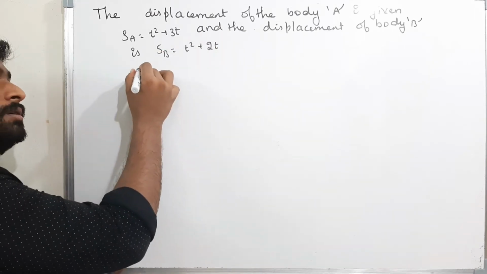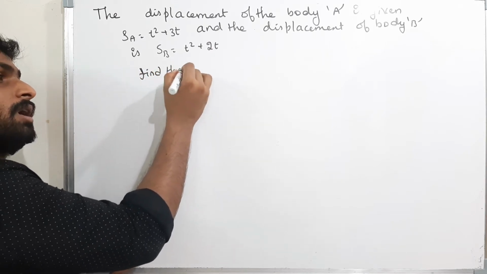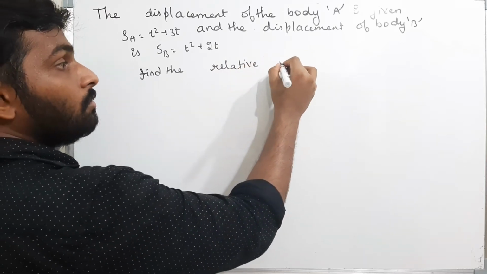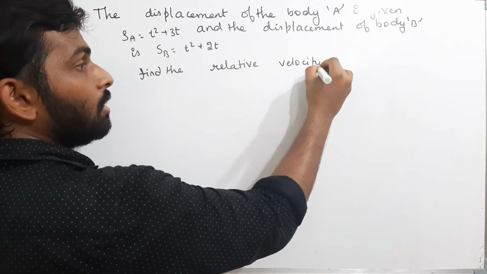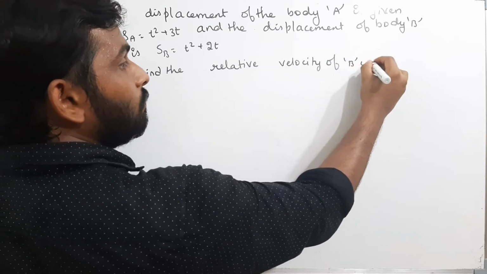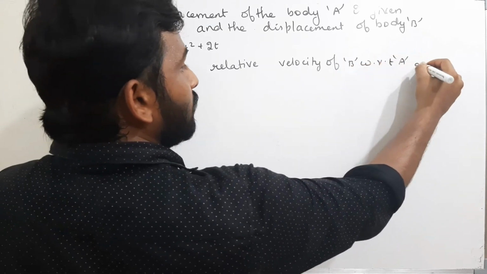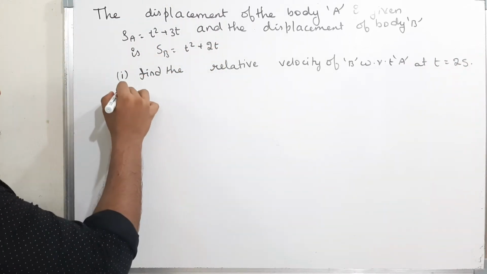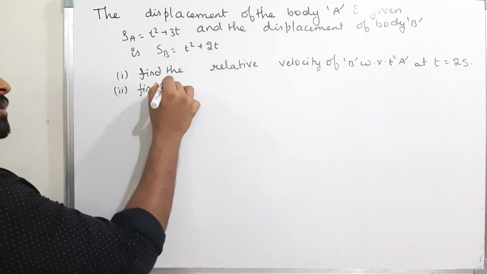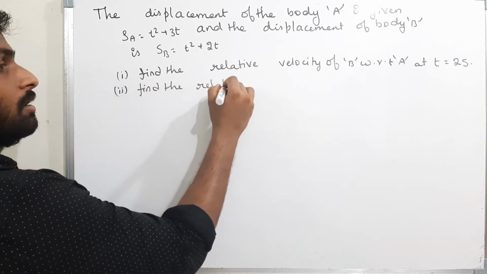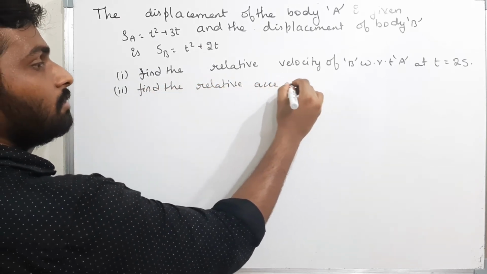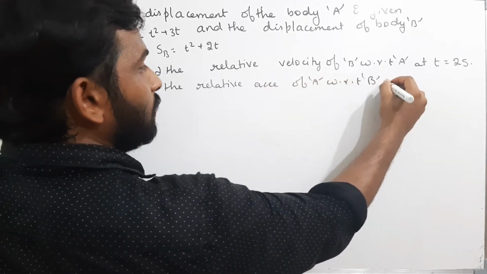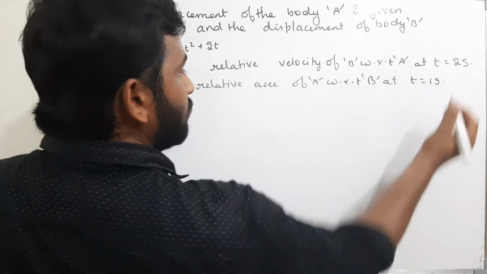Now they told to find the relative velocity of B with respect to A at time t is equal to 2 seconds. Now the second one they told to find the relative acceleration of A with respect to B at time t is equal to 1 second.